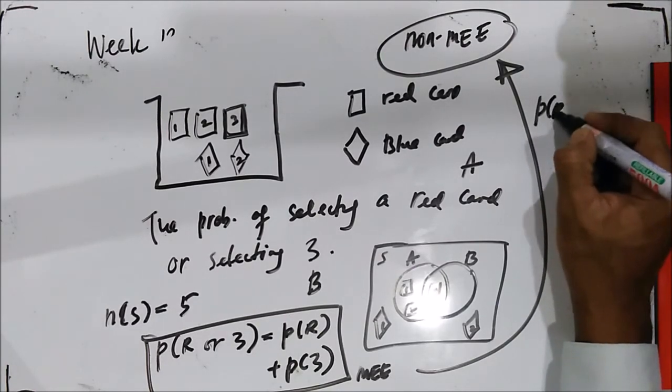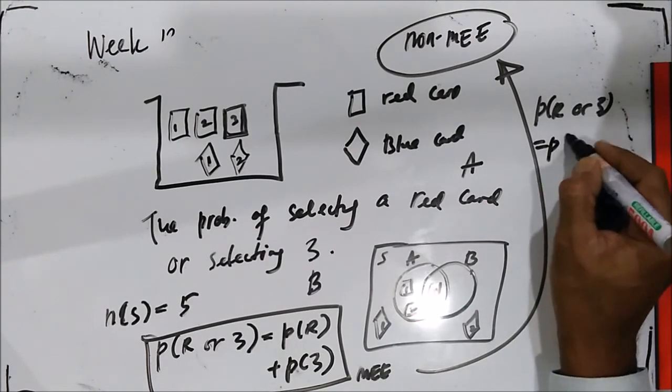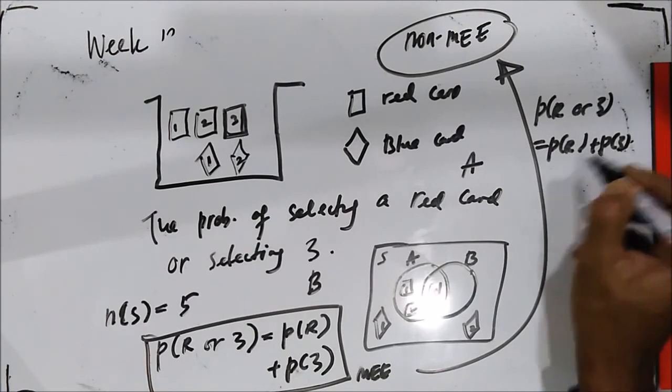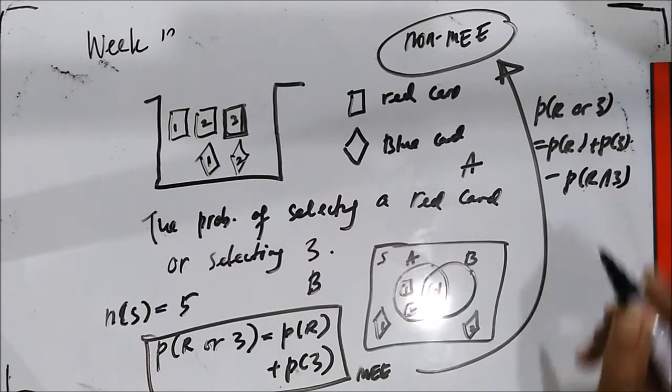Probability of red or number 3 is equal to probability of red plus probability of 3 minus probability of red and 3.